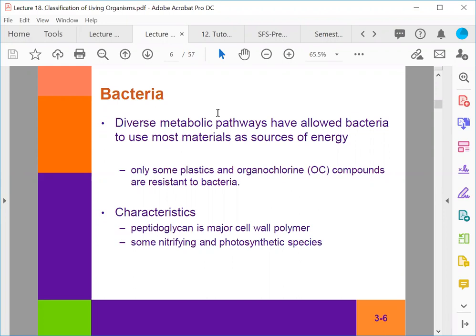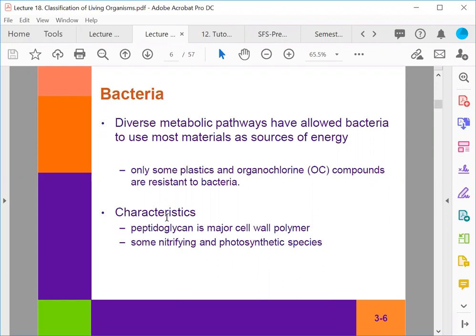It's quite incredible what they can actually degrade. So far it's only been discovered that some plastics and some organochlorine compounds, so some herbicides and some pesticides, are actually resistant to bacterial degradation. So quite incredible.